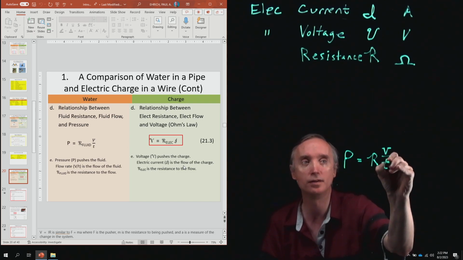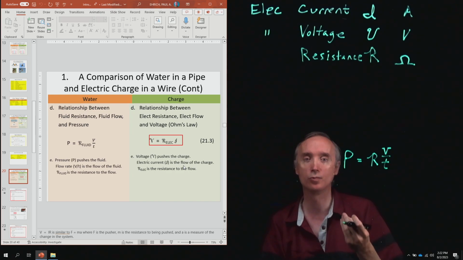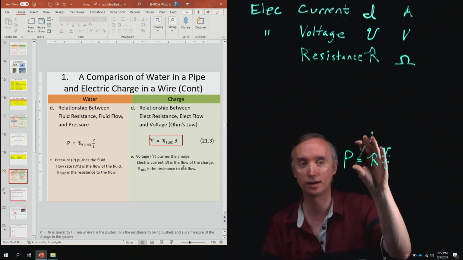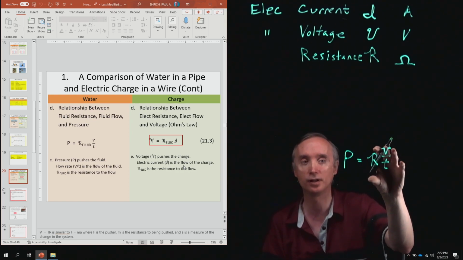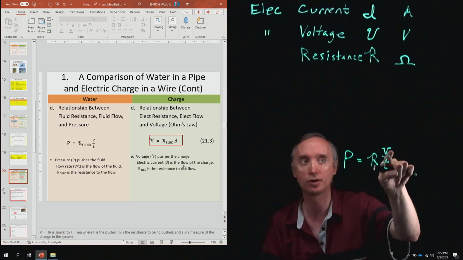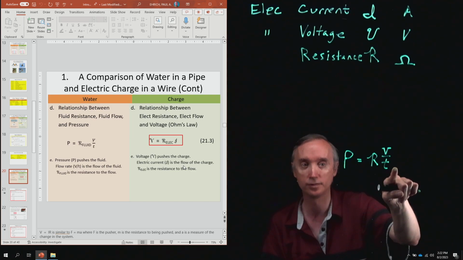So that would be this thing here. So that's what you would learn if you were talking about fluids. This is an equation that allows you to calculate the amount of pressure that would be necessary in order to cause a certain flow rate.